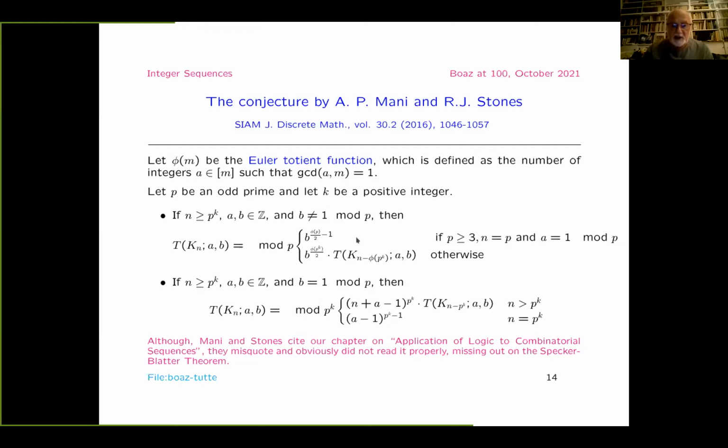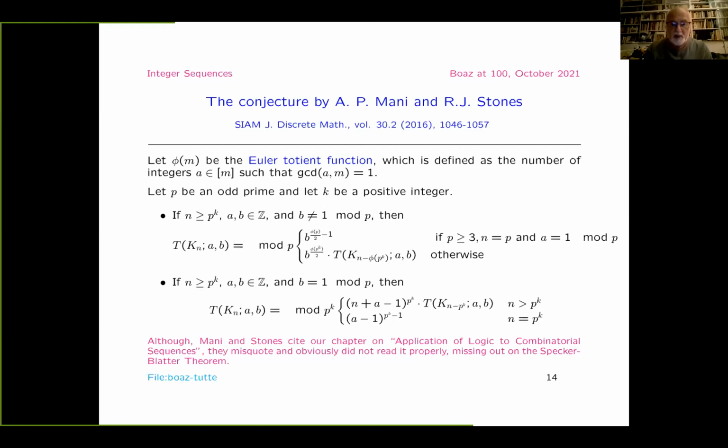Now, again, they involved the totient function, and the proof is rather involved. And they even quote my paper with Fischer and Kotek, but it is obvious that they quoted it but didn't read it, because otherwise they would have seen that actually something like this can be stated in a much simpler way.